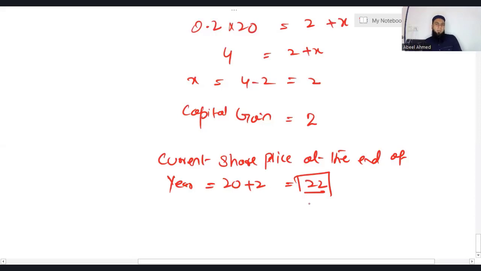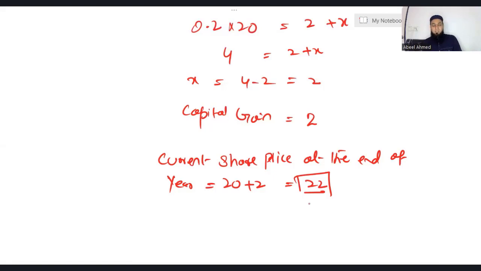I just wanted to give you an idea how we calculate total shareholders return. And we also discussed in the first class that the primary objective of financial management is to maximize the wealth of the shareholders. And the shareholders' wealth will be maximized if the market value of equity increases. How do we measure the wealth of shareholders?